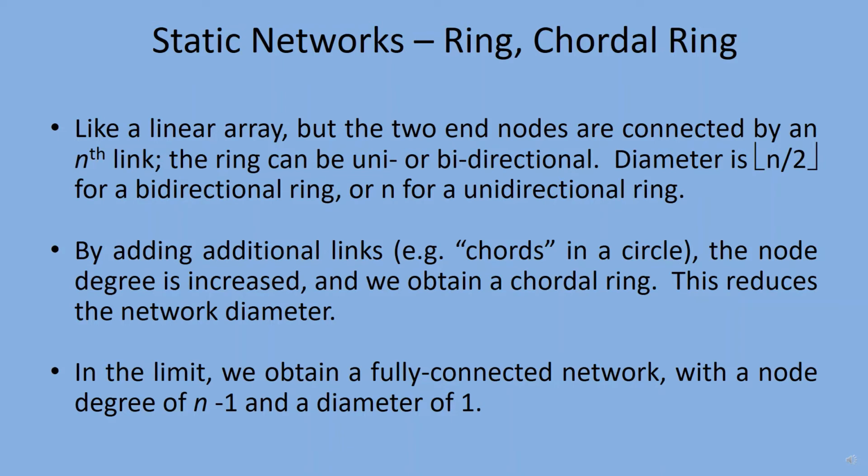By adding additional links, it forms a chord in the circle. The node degree is increased and we obtain a chordal ring. This reduces the network diameter. In the limit, we obtain a fully connected network with a node degree of n-1 and a diameter of 1.